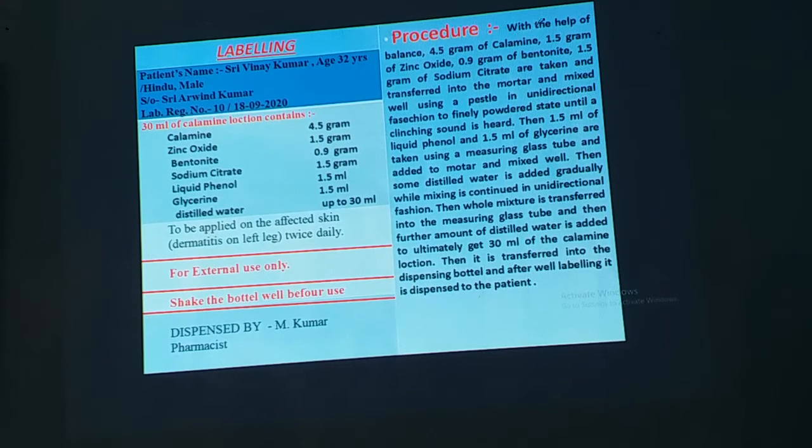So it is written for external use only, and because on storage sedimentation occurs, before using shake the bottle well. Lastly, dispensed by M. Kumar, the pharmacist.